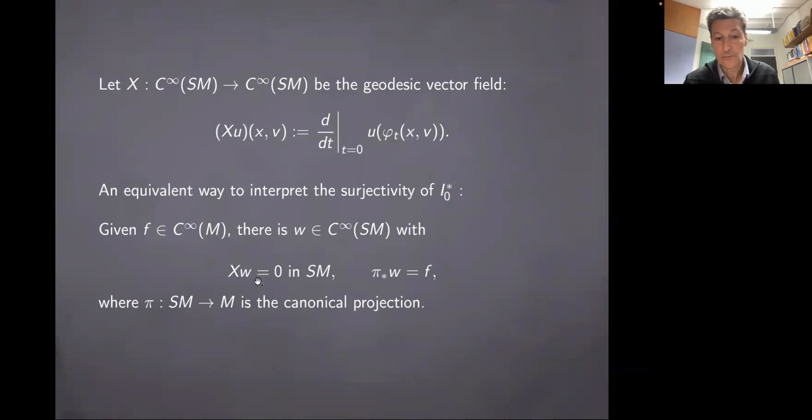So we are solving the basic transport equation Xw = 0 in the unit tangent bundle, and you solve it in a C-infinity way with the property that the push forward, namely integration along the fibers, gives you the function f that you gave me at the very beginning. That's just a rephrasing of this basic result of Pestov and Uhlmann.